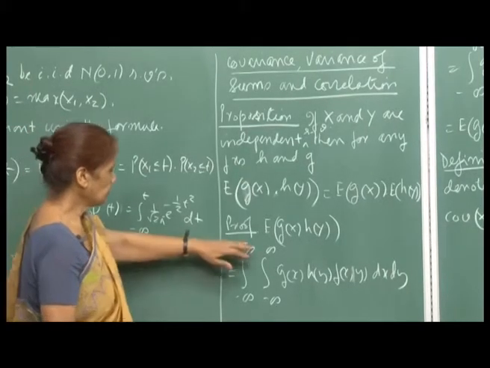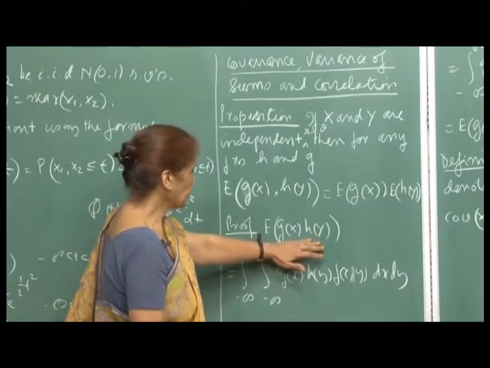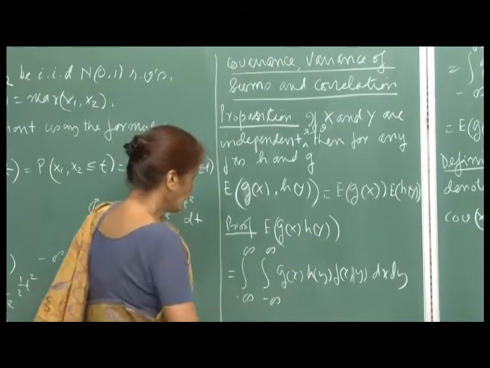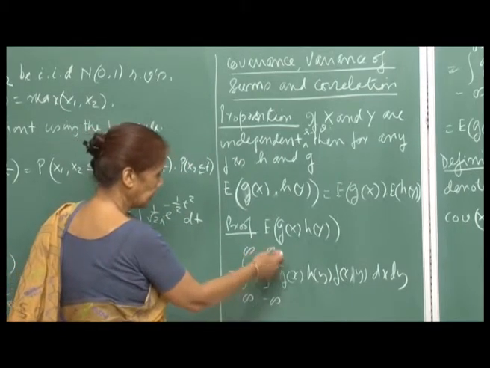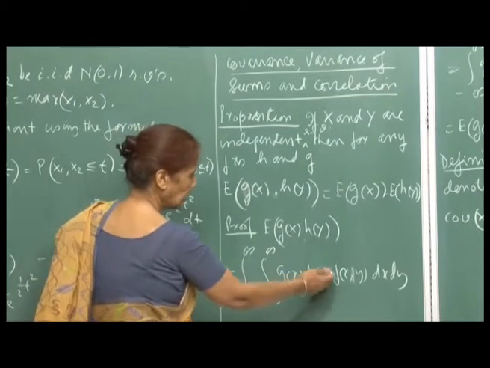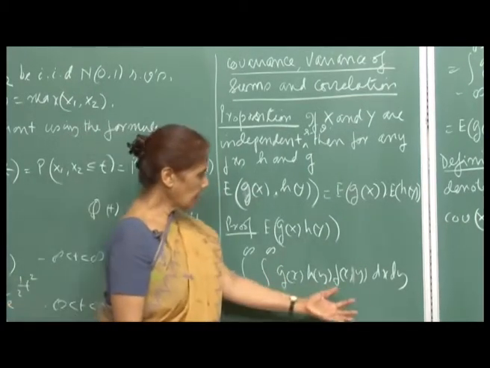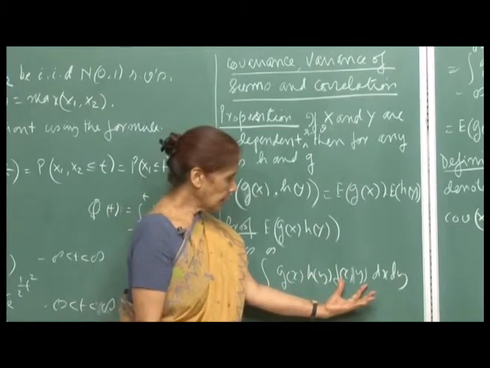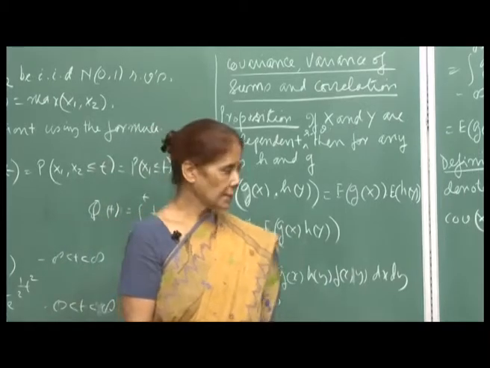The proof is simple, because if you want to write the expectation of g(X)h(Y), it will be the integral from minus infinity to infinity, of the integral from minus infinity to infinity, of g(x)h(y)f(x,y) dx dy. But since X and Y are independent, the joint density function can be written as the product of the marginal densities.